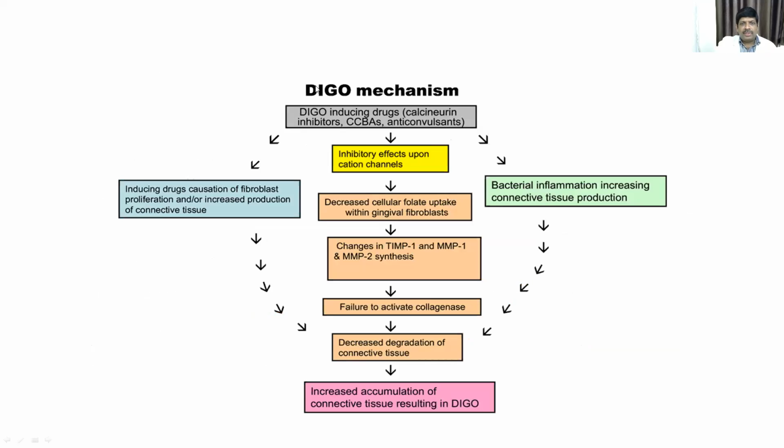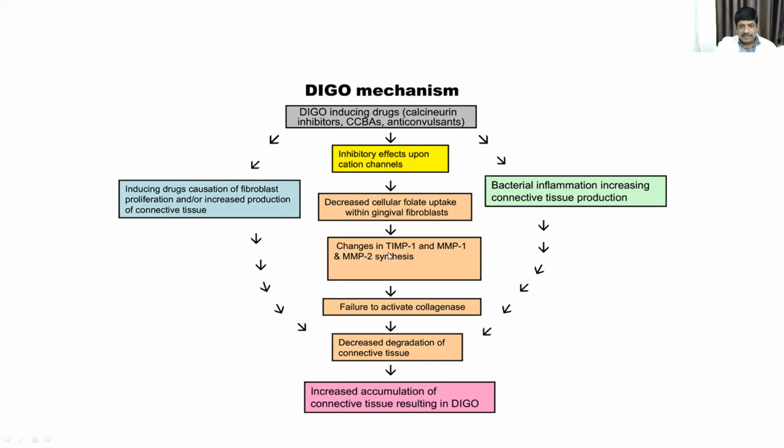So we have the drug-induced gingival overgrowth mechanism, how it happens. It can be induced through a calcineurin inhibitor, a calcium channel blocker, or an anticonvulsant. Then there would be an inhibitory effect on the cation channel, which is responsible for the uptake of folate. So when this is inhibited, there will be decreased cellular folate uptake within gingival fibroblasts.